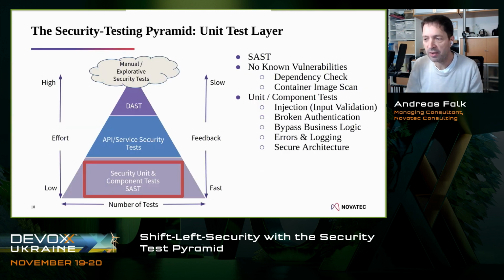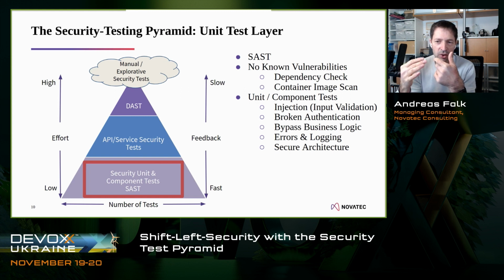And now we just dive into the testing pyramid on the unit testing layer. On the unit testing layer, you can start quite easily by putting in static application security testing. So put in your SonarQube tools and stuff like that, like FindBugs, SpotBugs as it is named now, as a successor of FindBugs. Then also check for known vulnerabilities in your third-party libraries, like OWASP Dependency-Check can be used there.